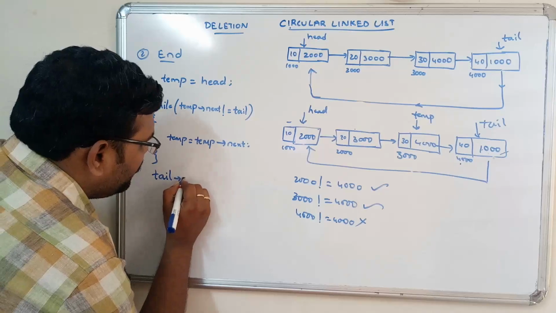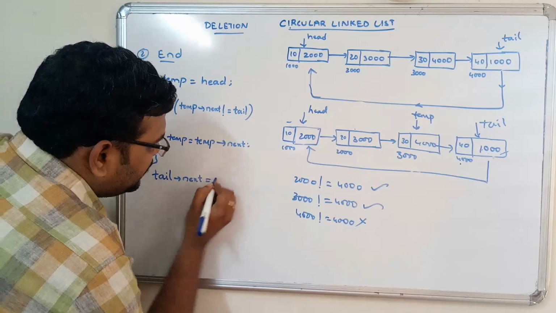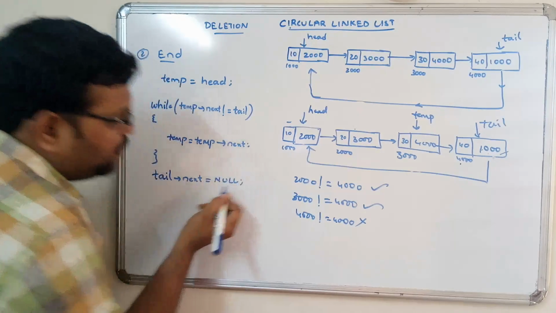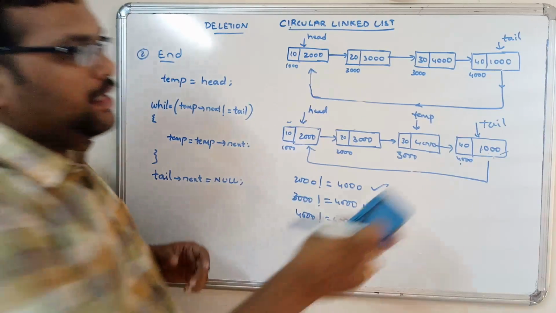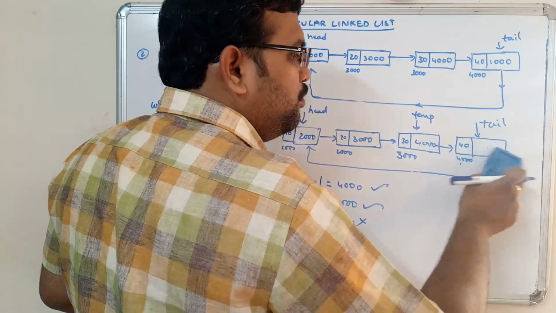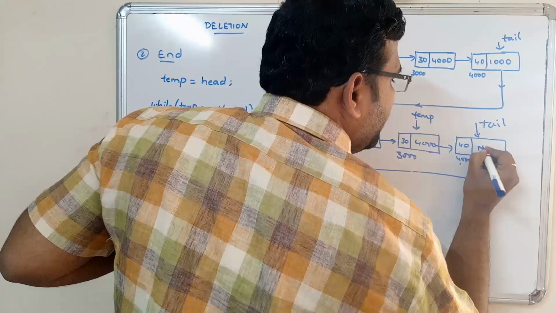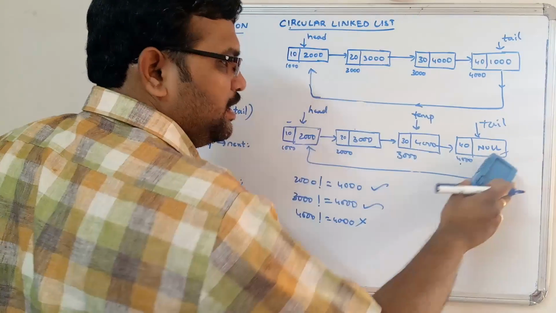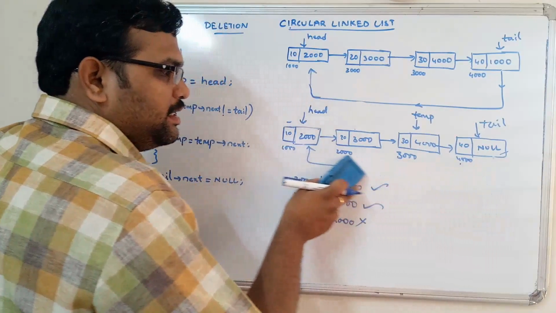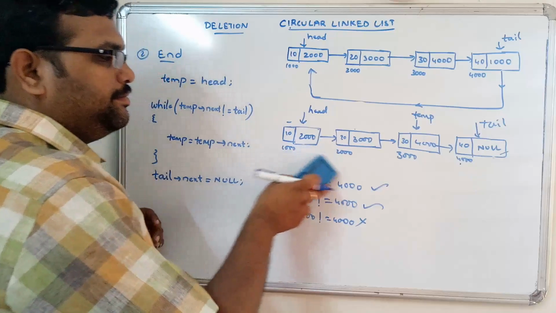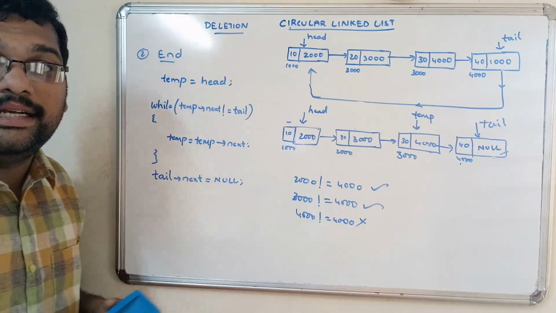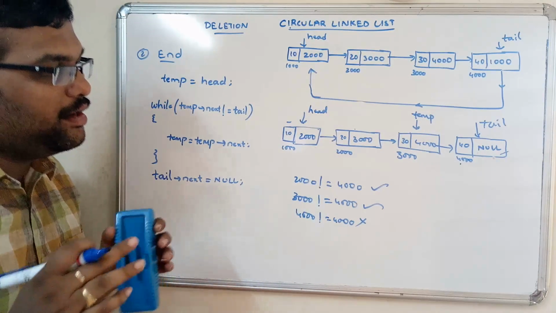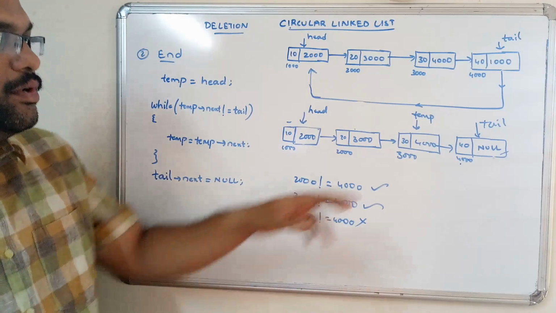Tail of next is equal to null. So automatically this 1000 will be removed and null will be assigned here. That means the connection is disconnected here.